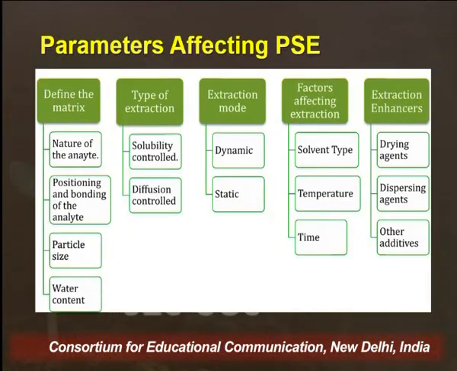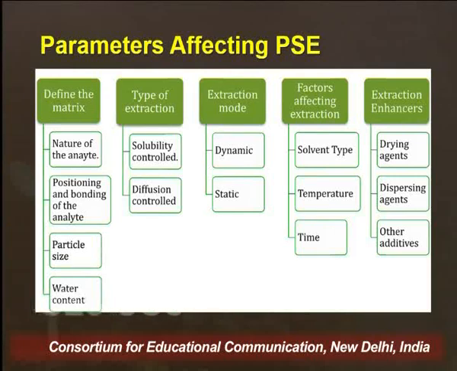Now, if we look into this image, I have basically categorized these parameters into different headings, like the parameters that define the characters of the matrix, the type of the extraction or the solute with which we are dealing, the extraction mode of PSE or ASE, factors affecting the overall extraction process, and the additives or extraction enhancers, if they are being used during the extraction process or not.